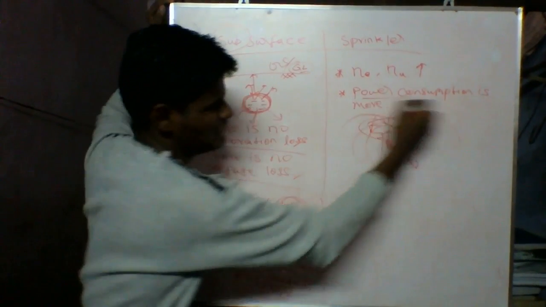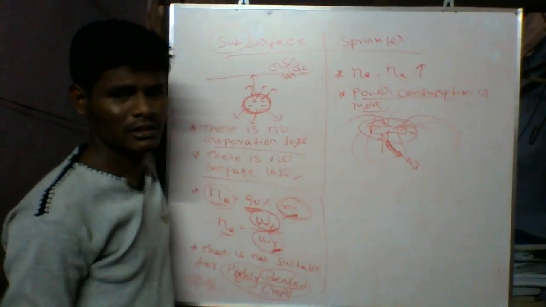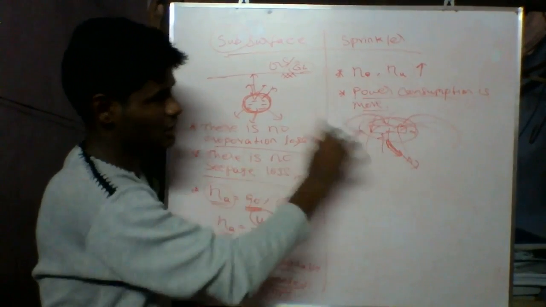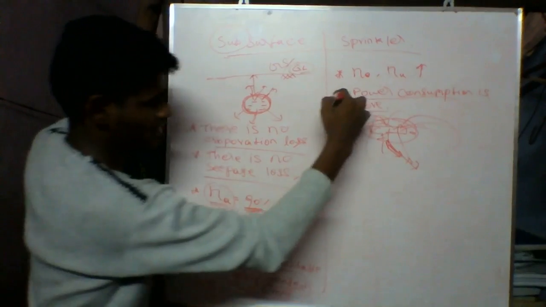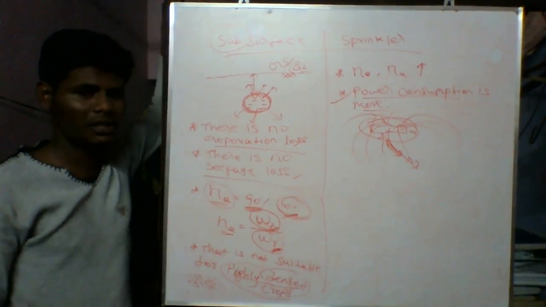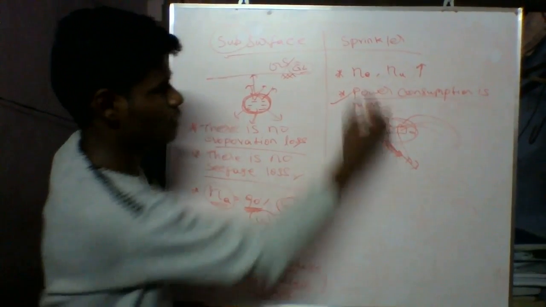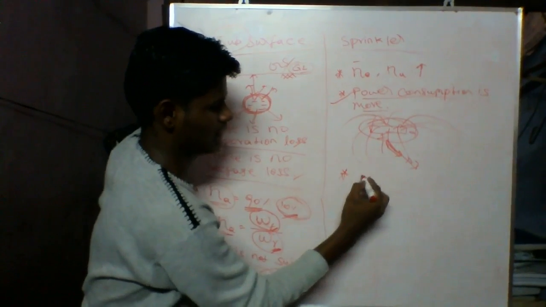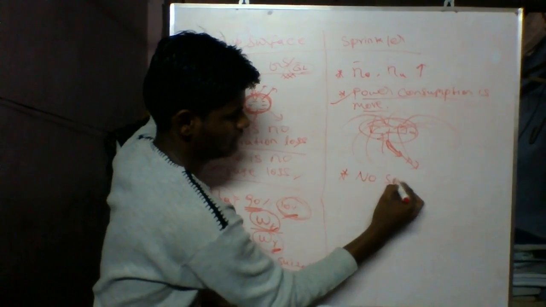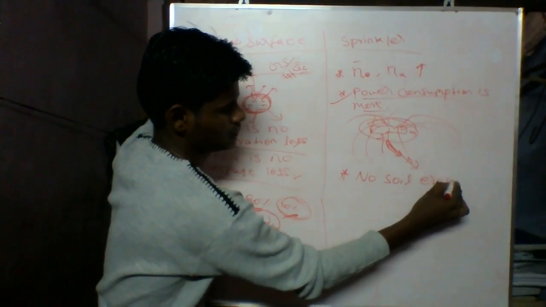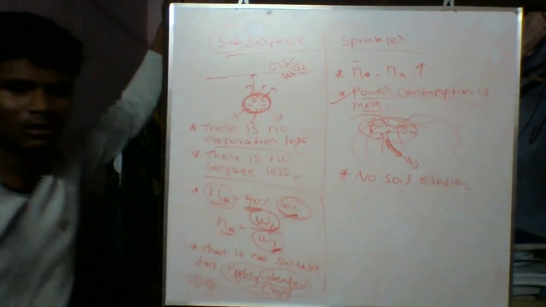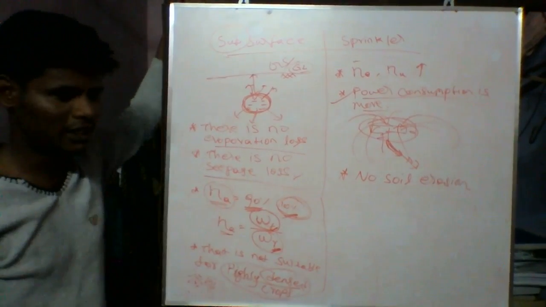So the power consumption is most. That is the major disadvantage in the sprinkler system. This is asked in many competitive exams. Then another one is there is no soil erosion. So these are the methods of irrigation.